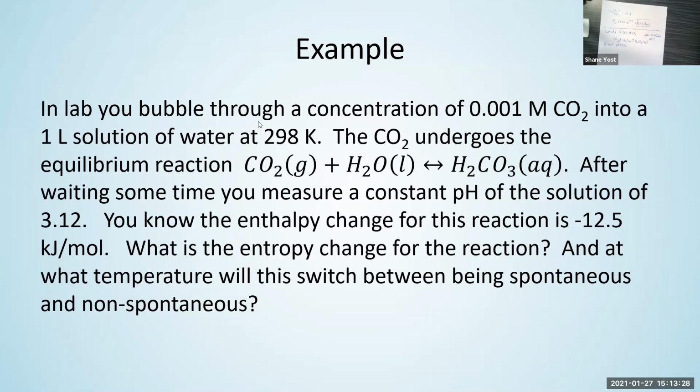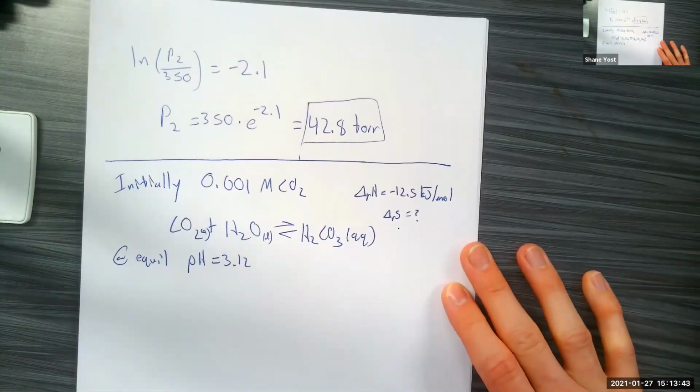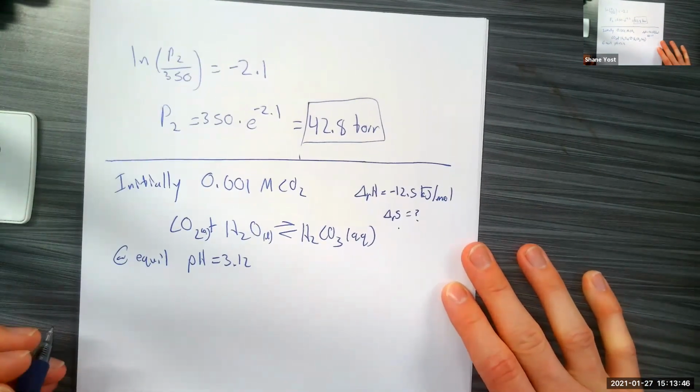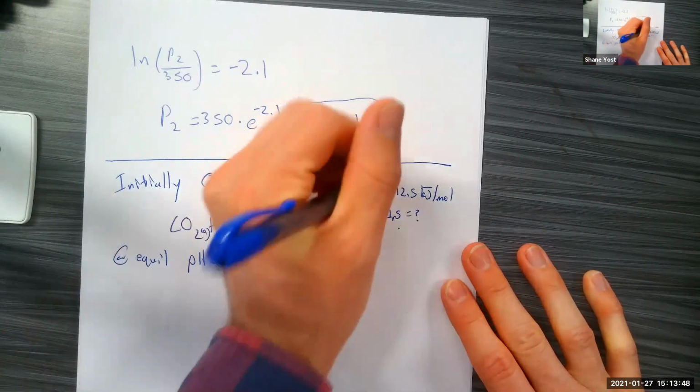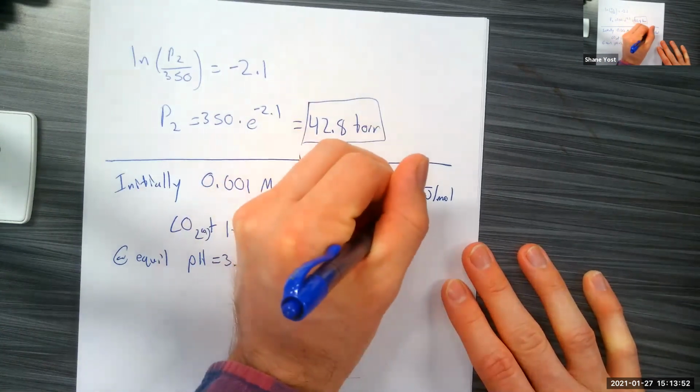So for this, let me now switch. If I want to know what the entropy change is for this reaction, well, I'm told what the standard enthalpy change is for the reaction, and I want to know the standard entropy change.